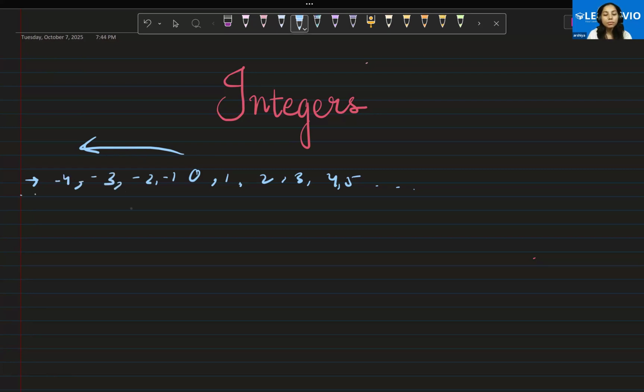So these positive and negative sets of numbers are known as integers. So integers are basically positive numbers, which are the numbers that you've been studying so far, and negative numbers.